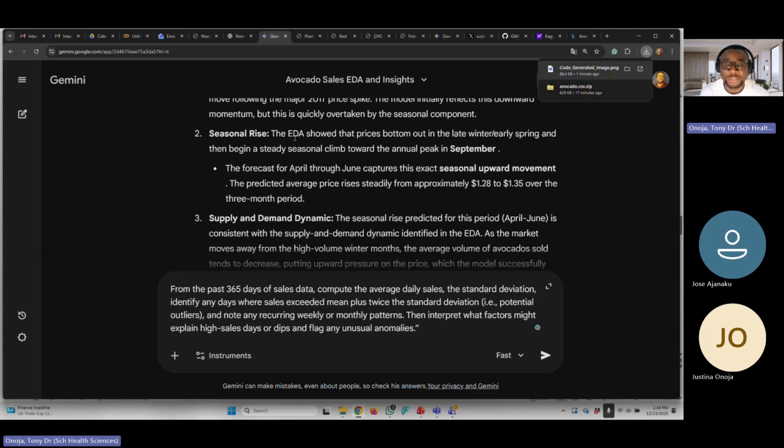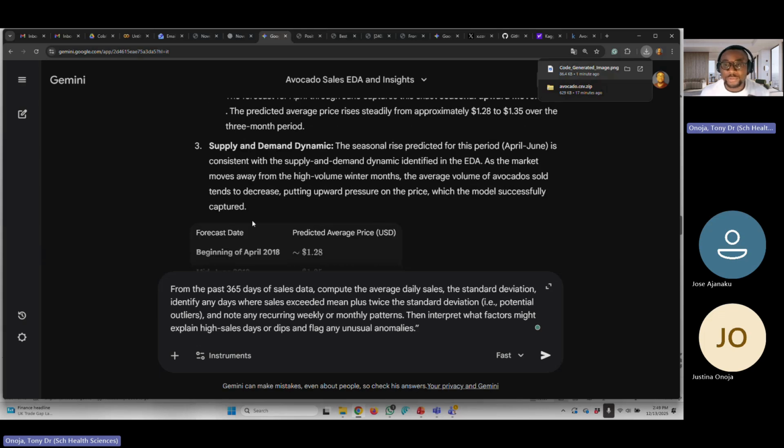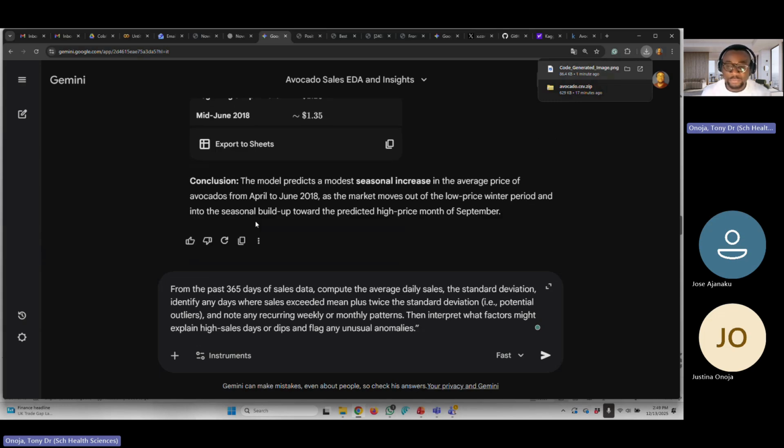Then the seasonal rise, the EDA shows that the price bottomed out in the late winter, early spring. So it begins to steadily climb towards the annual peak in September. Then the forecast for April through June captures this exact seasonal trend. So we expect the average price to be around $1.28 to $1.35 over the 3 months. So very, very great. So we have the prediction for that.